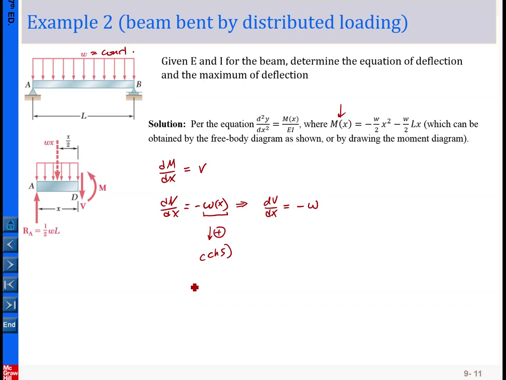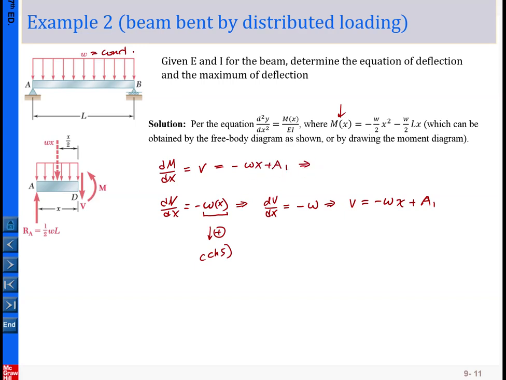If you forgot that one, go to chapter 5. So basically here you can see V equal to minus omega x. And then let us do the integration constant. Let me call it a1, the integration constant. So V is minus omega x plus the integration constant a1.